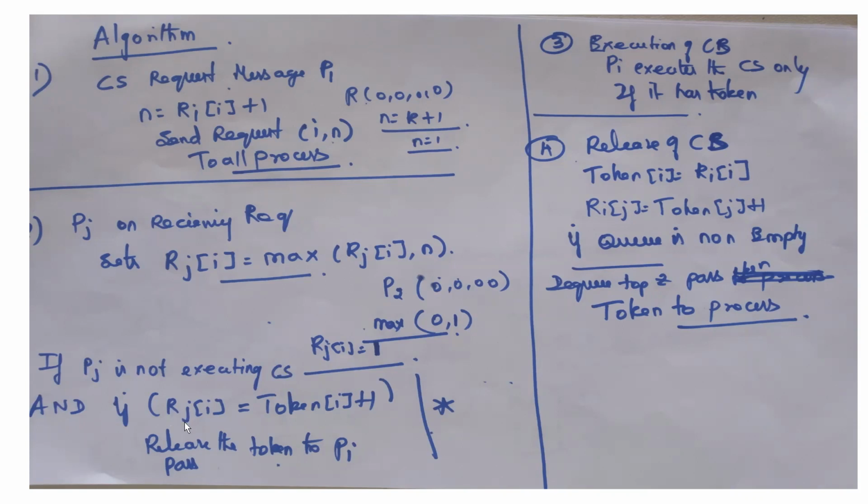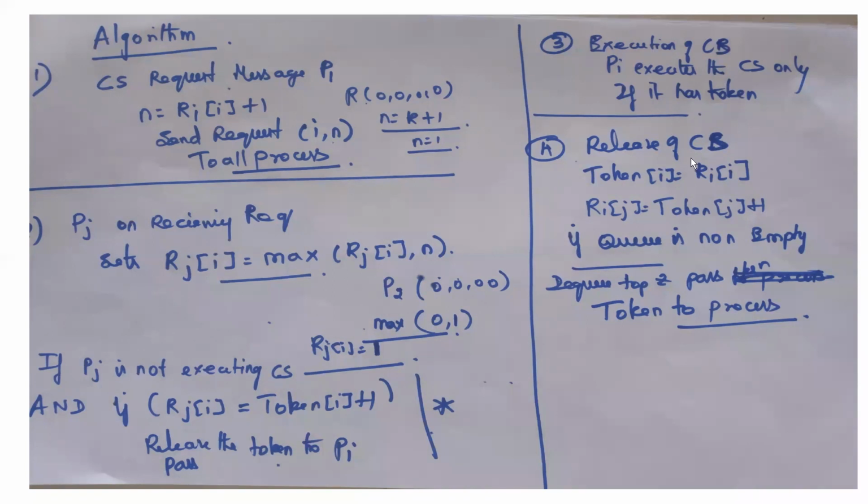And if Rj[i] is equal to token[i] plus 1, so R is equal to token plus 1, if these two values are equal, then they release the token to the requesting site. Then the requesting site will get into step 3: it will get into the critical section only if it receives the token.